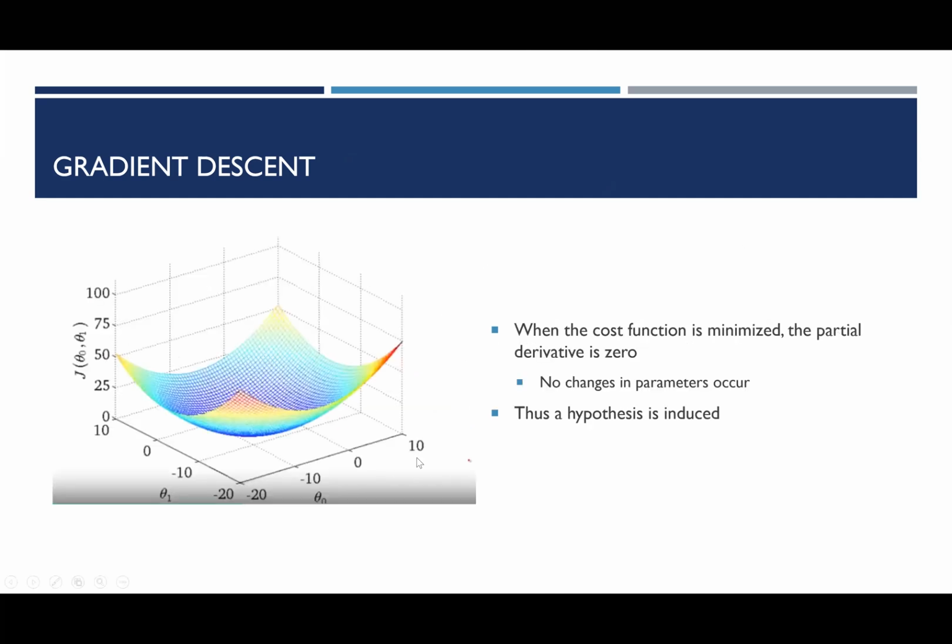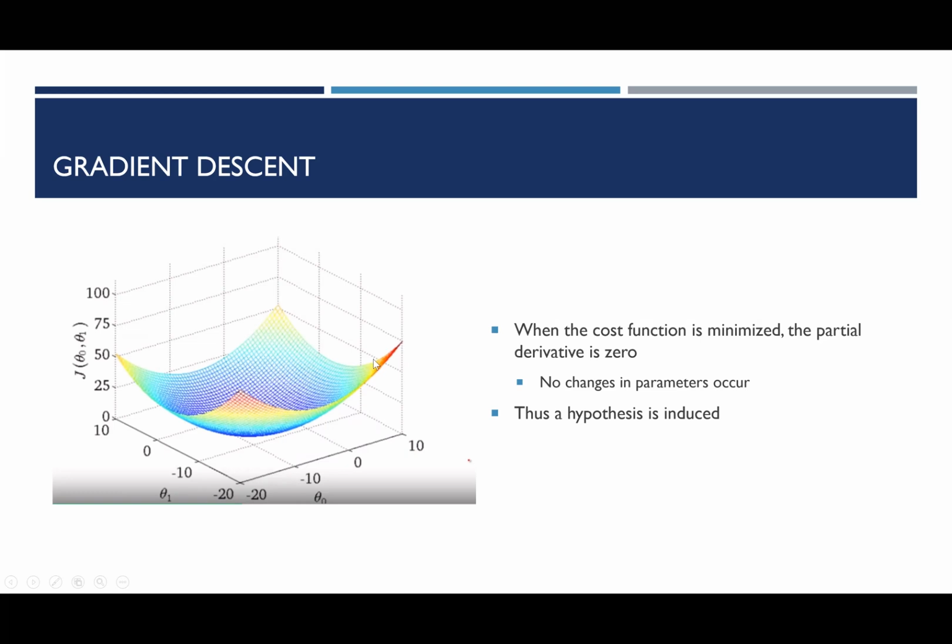Here's another visualization of your gradient descent just to make it clear. On these axes we have theta 1 and theta 0, and then you have your cost function. If you were to have a theta 0 of 10 and a theta 1 of about -20, the value of your cost function would be up here, which just means the error is super high.